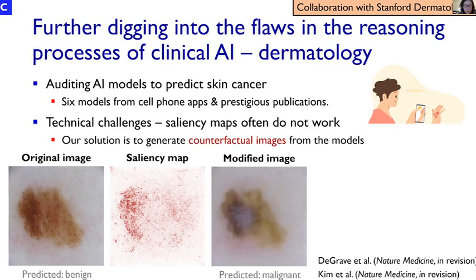That way you will know what this AI model is thinking. The reasoning process is that when you see this bluish region at the center, it's called blue-white veil, and it usually indicates malignant. Now you see how the AI model is reasoning.